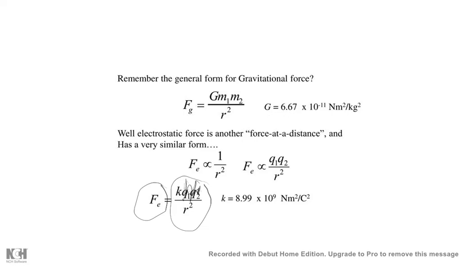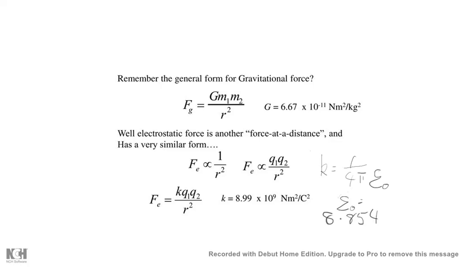And the reason for that is that k, let me write it in here, equals 1 over 4 pi E naught, where E naught is the permittivity of a vacuum and E naught is 8.854 times 10 to the minus 12.